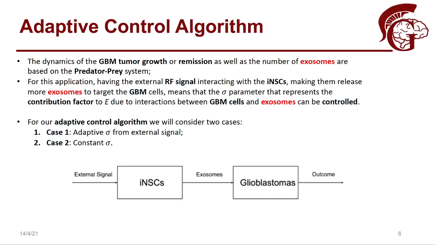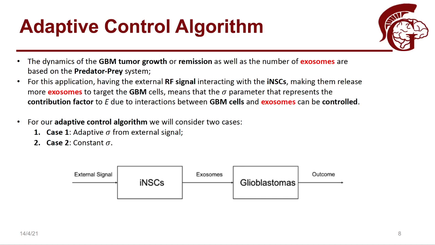For our adaptive control algorithm, we take into consideration that the dynamics of the system is defined by the predator-prey model, and we use that in order to control the molecular communication system as defined by the exosomes and the GBM cells. So as we can see in the block diagram, the external signal will interact with the induced neurostem cells, releasing exosomes into the system or into the channel in order to target the glioblastomas, or the receivers in this case.